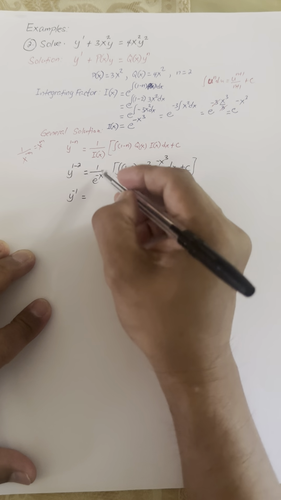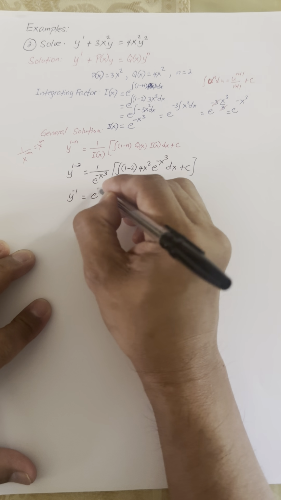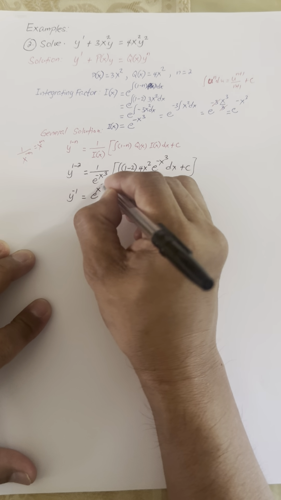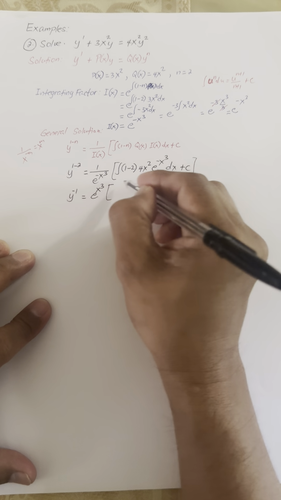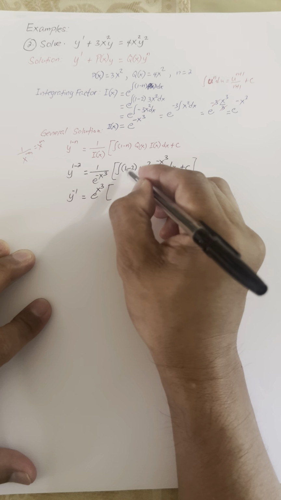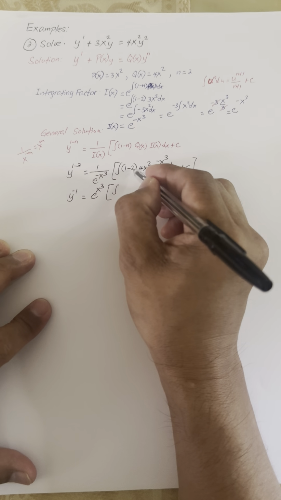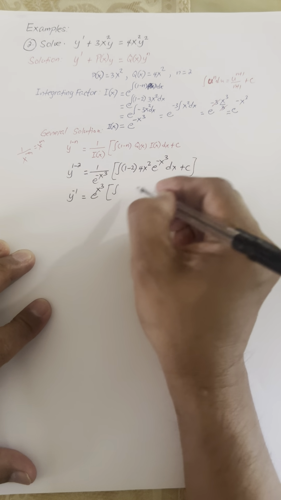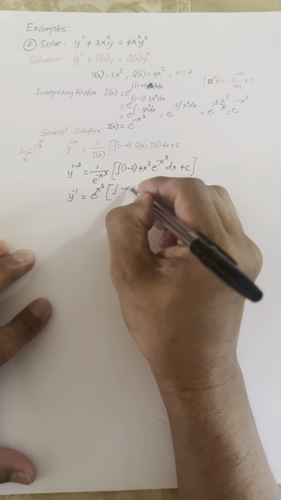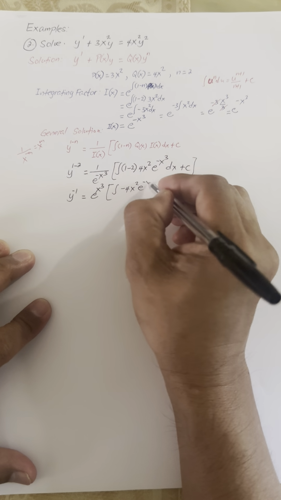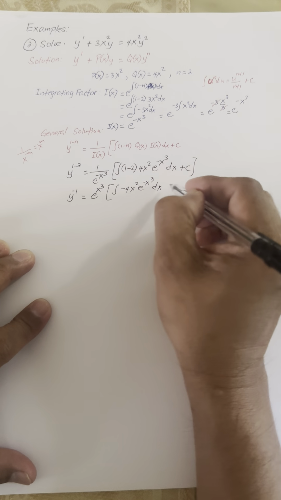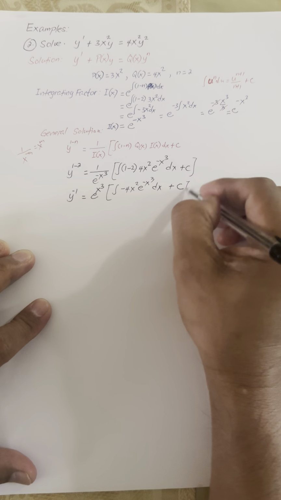So we can rewrite this as e to the positive x cubed, then multiplied by the integral of 1 minus 2, which is minus 1, times 4. So this is minus 4x squared e to the minus x cubed dx, then plus c. Okay?